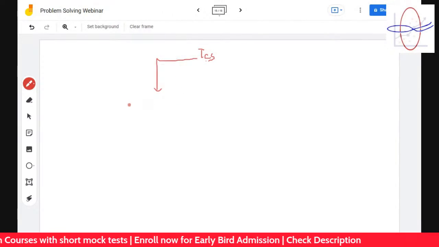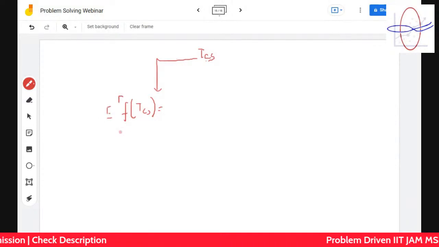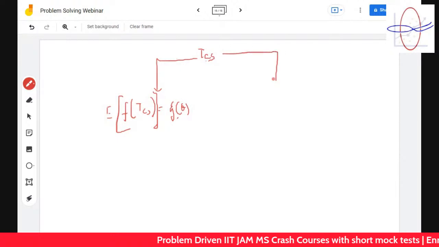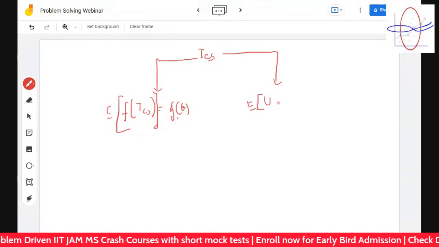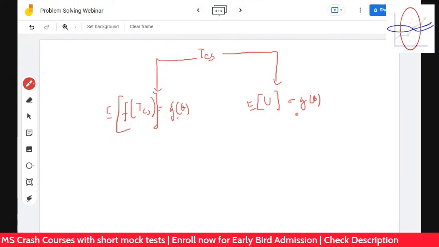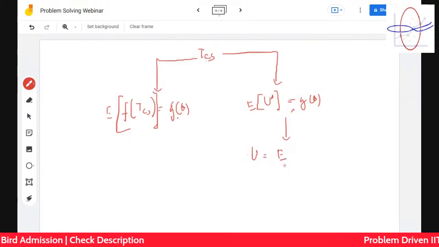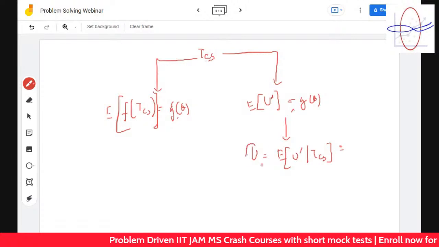So what we can do is find functions of TCS whose expectation is equal to theta or g theta. Or we can start with u dash, which is an unbiased estimator of g theta, and take the new u to be the expectation of u dash given TCS, which is equal to g theta. So this is the UMVUE, the better one.